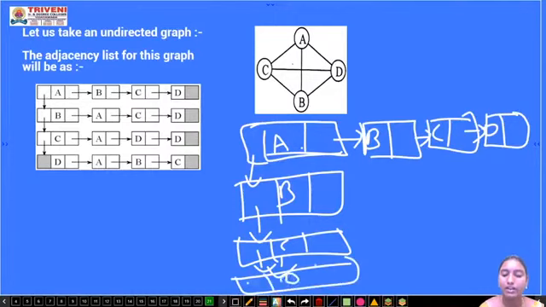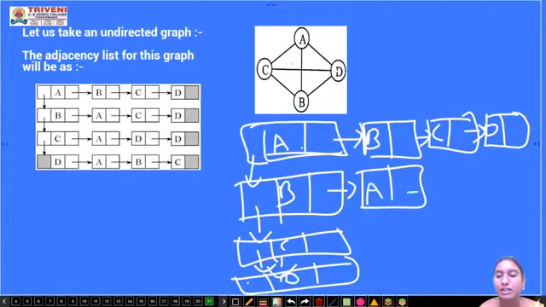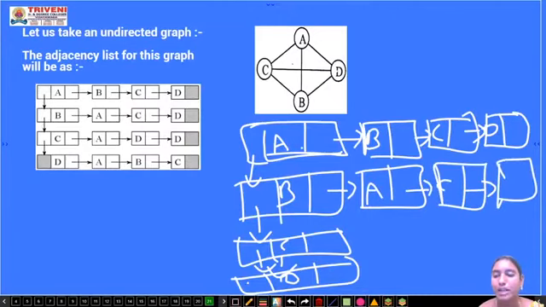Here we can identify this, each and every element will be connected to one another. That is nothing but A is connected to this graph, that is B is connected to A, C and D, and that's why B is connected to A and B is connected to C and B is connected to D. మూడిటితోటి కనెక్ట్ అయింది కాబట్టి 3 రాస్తున్నాం.